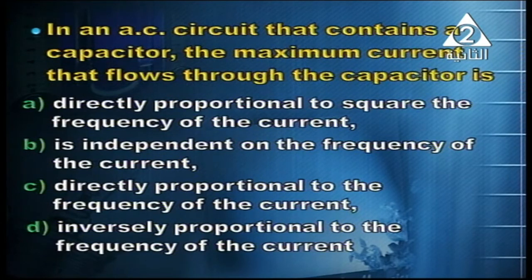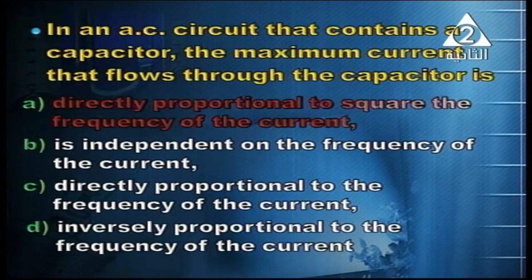Okay, maximum current is calculated from V maximum, which is NAB omega, NAB 2 pi f, over XC. XC equals 1 over 2 pi fC. So we expect the maximum current to be directly proportional to the frequency.